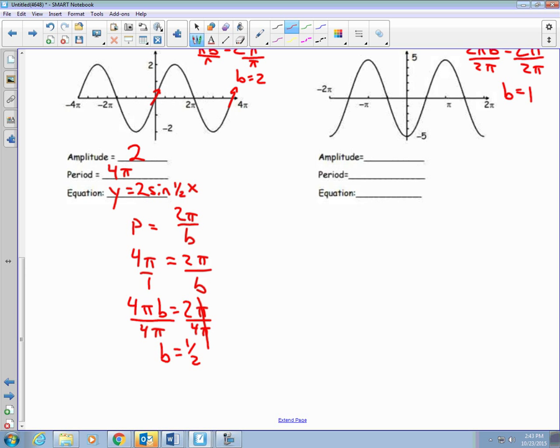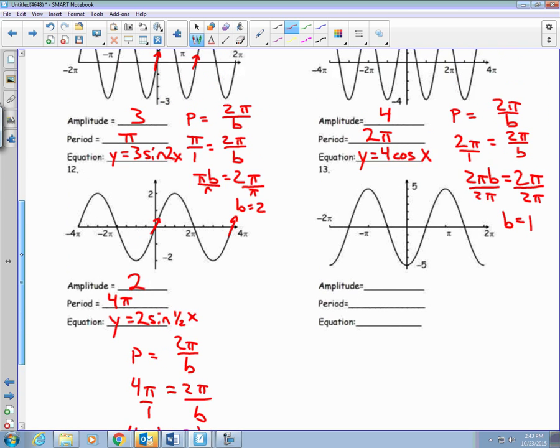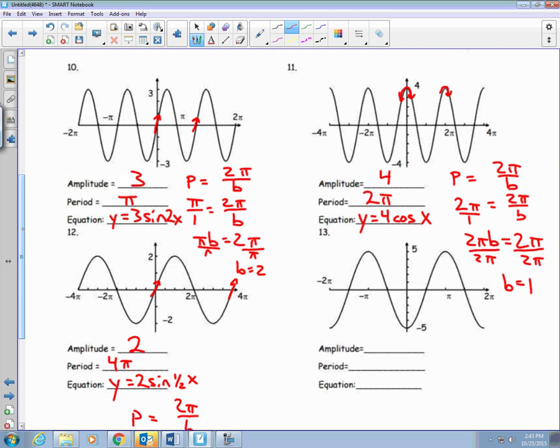I'm going to try to show you guys a quicker way of doing this to see if you can get the connection for the last one, okay? Look at this example right here. How many cycles does this graph have between 0 and 2 pi? Does everybody see it repeats itself twice? How many cycles does this have between 0 and 2 pi?